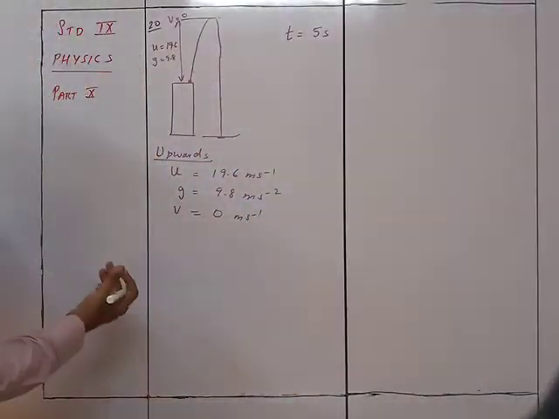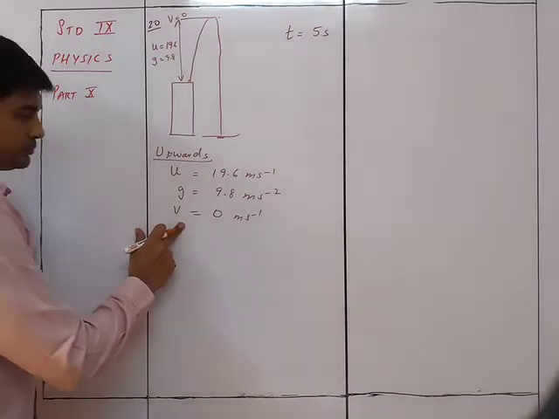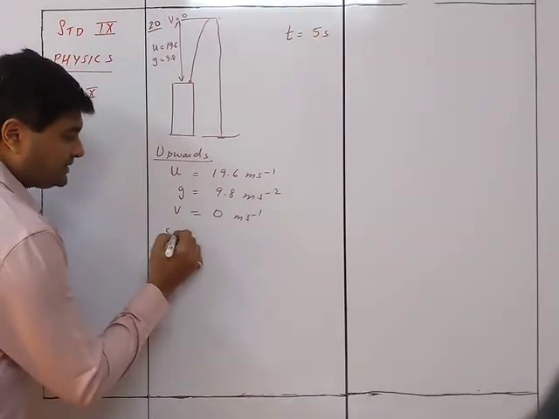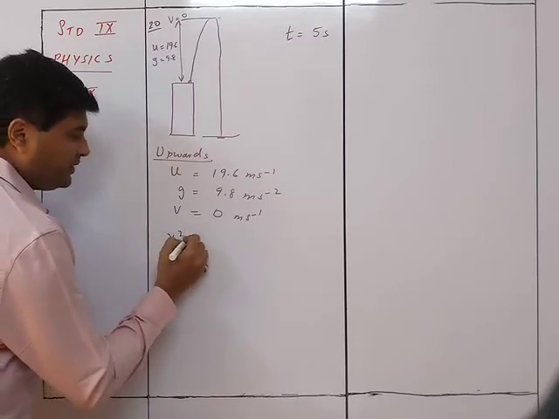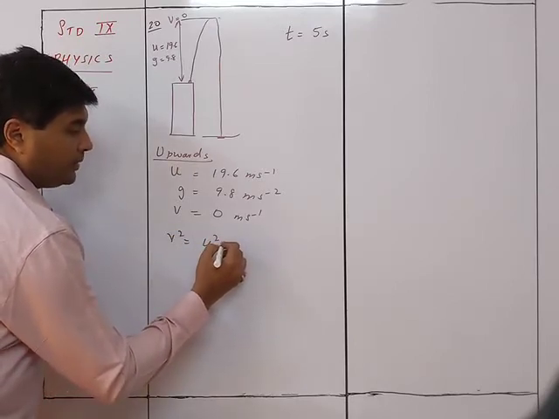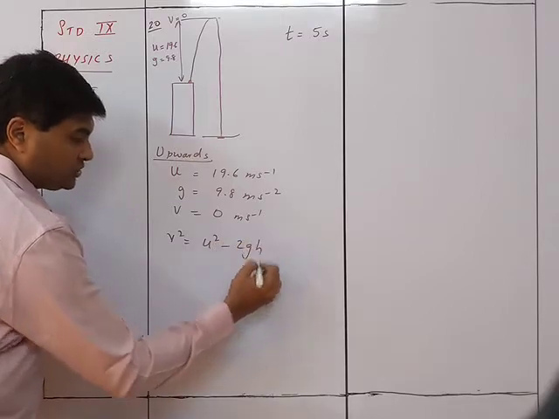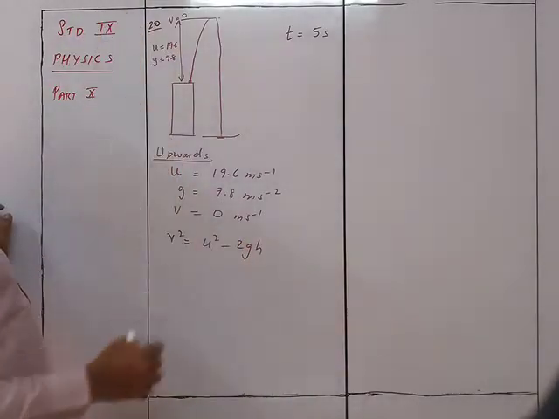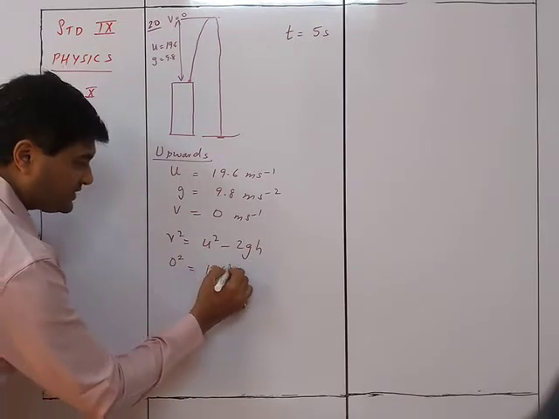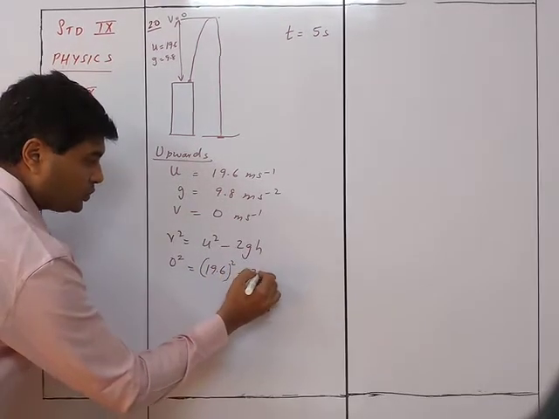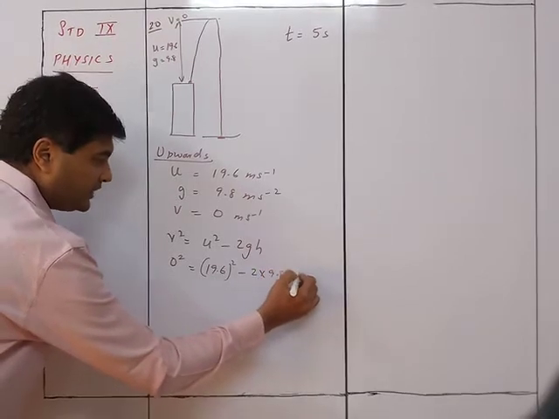So we can see this way that v square is equal to u square minus 2gh, because this is thrown vertically upwards. 0 square is equal to 19.6 the whole square minus 2 into 9.8 into h.